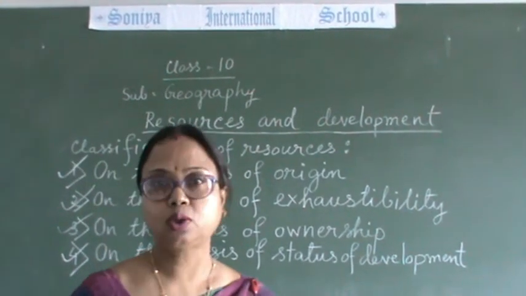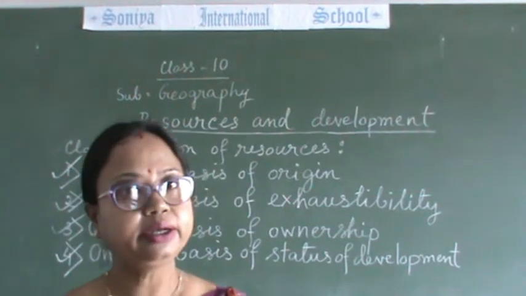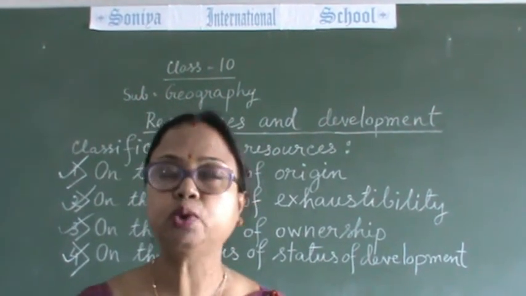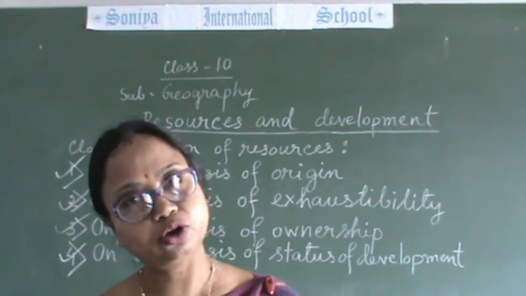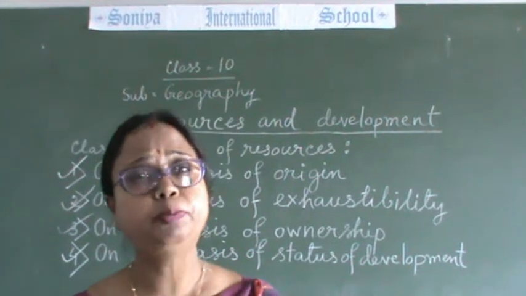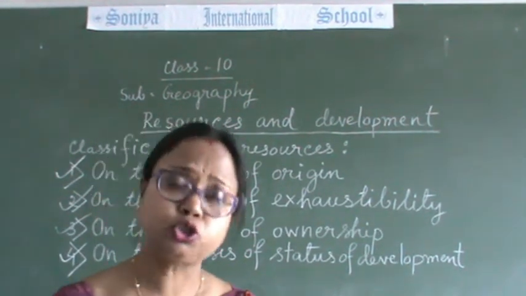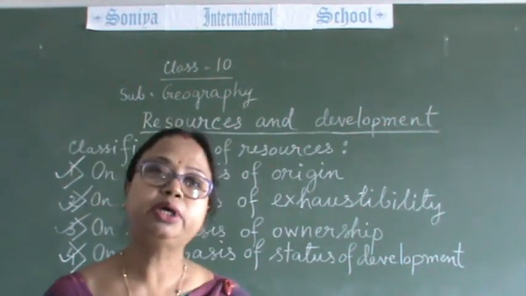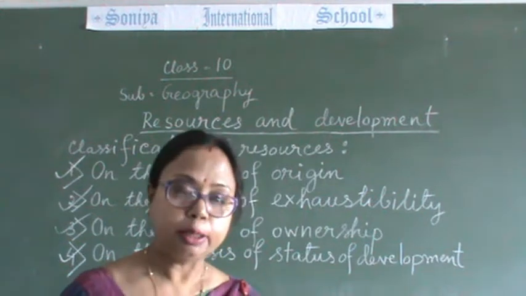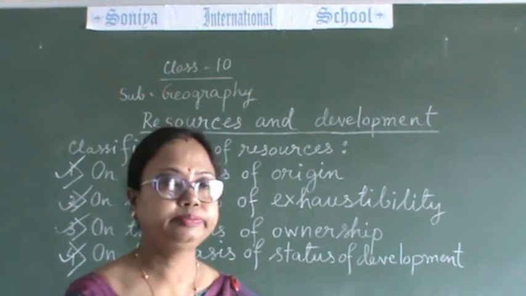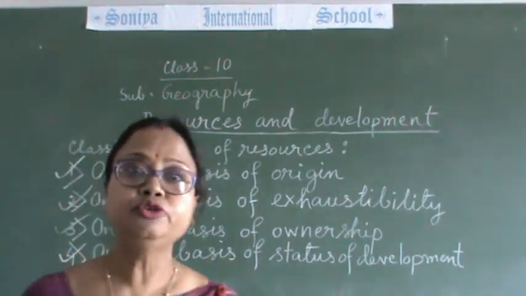The third one is stock. Stock means water, which is a mixture of two gases, hydrogen and oxygen. It is a good source of energy. If you have the technology, you can utilize this, but for now it is a stock. The last one is reserve.